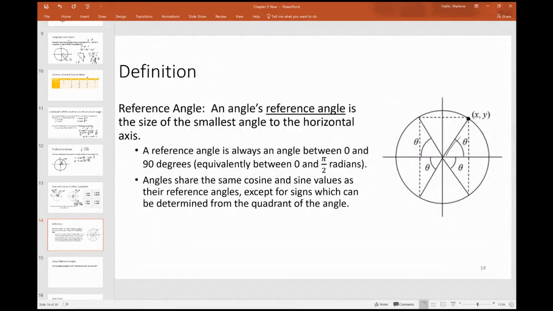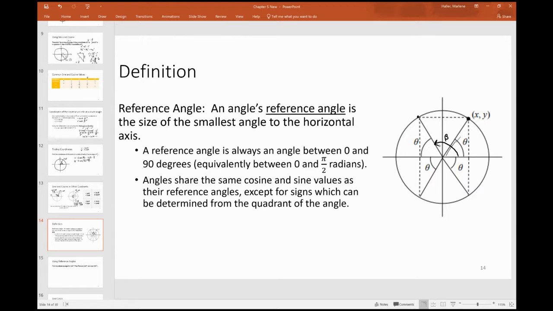But if I consider this larger angle, let me draw this one in now. We'll call this guy beta. This angle beta has the same sine and the negative cosine as we looked at on the previous page. And we determine what those are based on the reference angle.